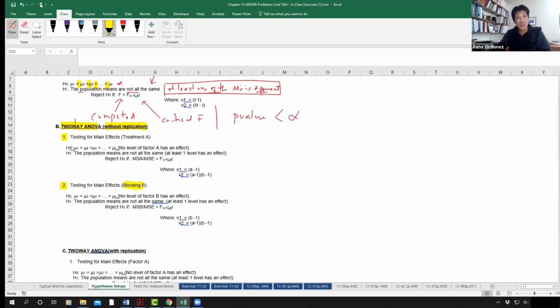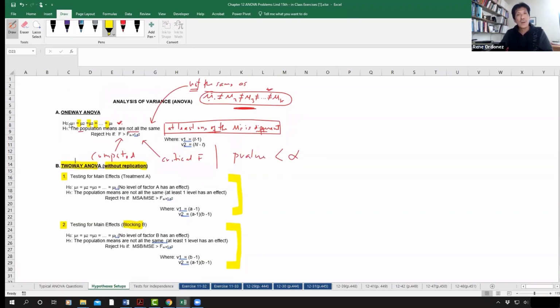You will note here that the hypothesis setup for testing the main effect, treatment A or treatment B, is the same as the way we set up the one-way ANOVA.